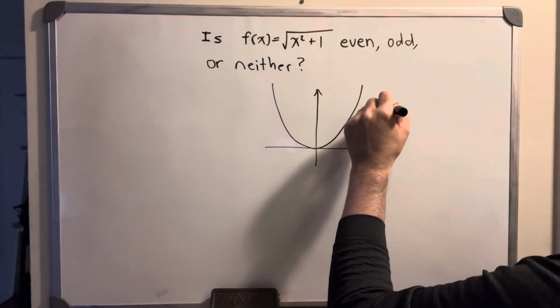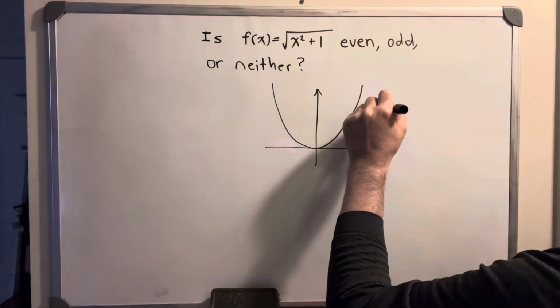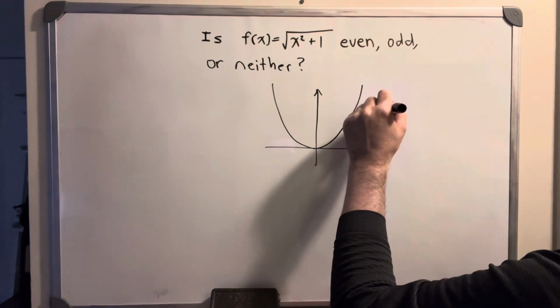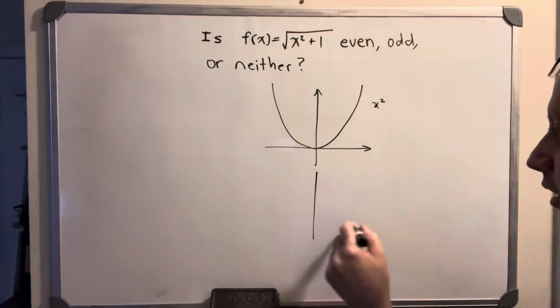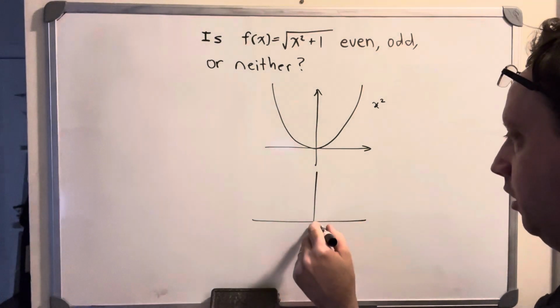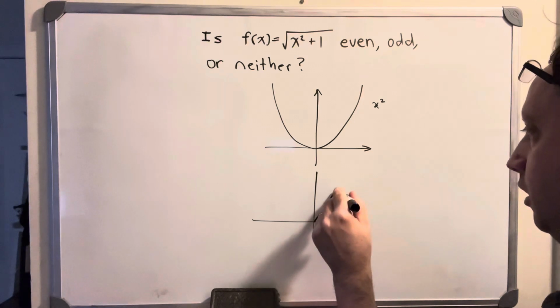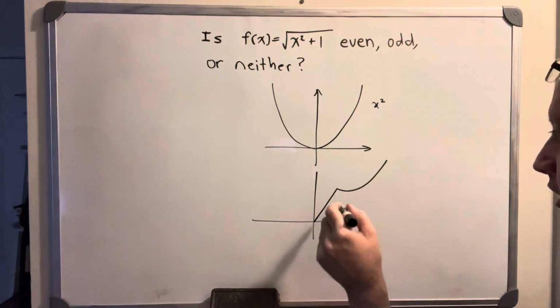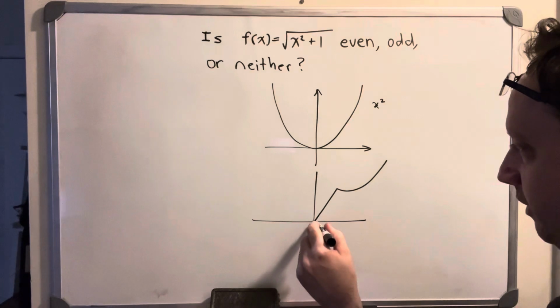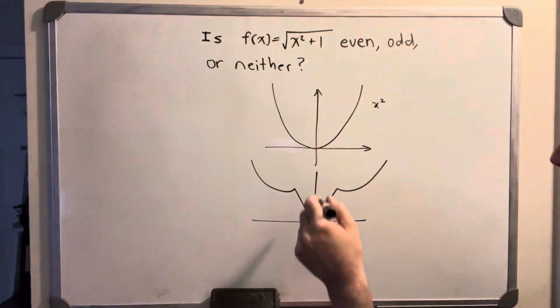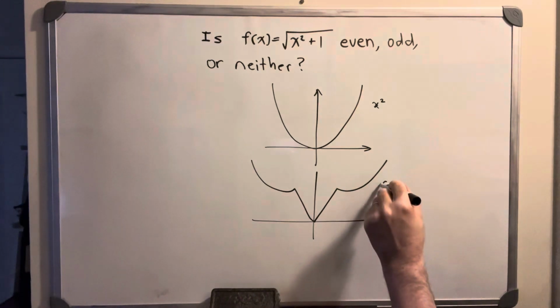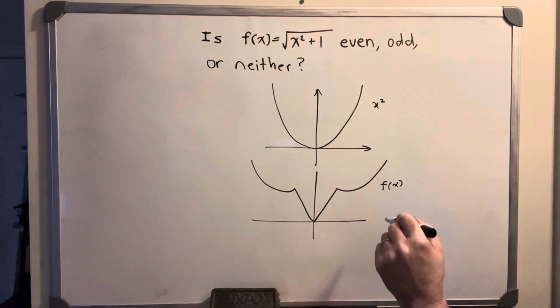This is x squared. If I told you that's an even function, here's another one. I don't even have to define exactly how I made this function, but if I told you, okay, that's an even function.